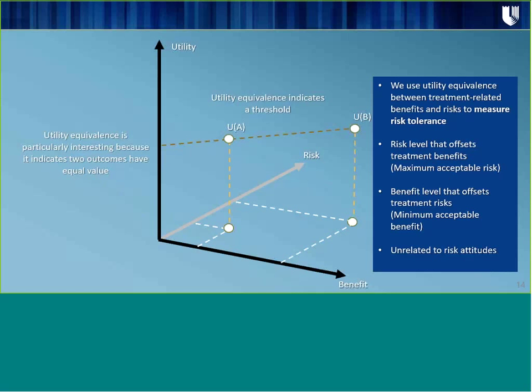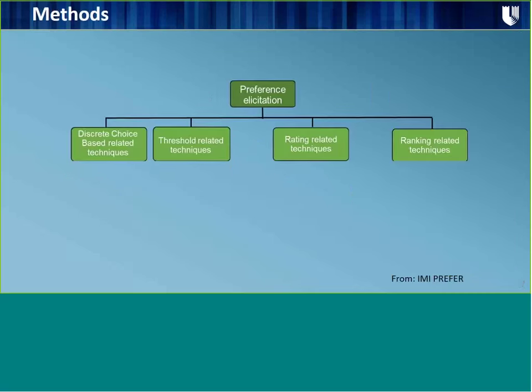Okay, now I'm going to use this little framework to explain how each of the different families of methods that are available to explain or elicit stated preferences get at this very same information. Okay, there's a large number of methods available out there to elicit preferences.